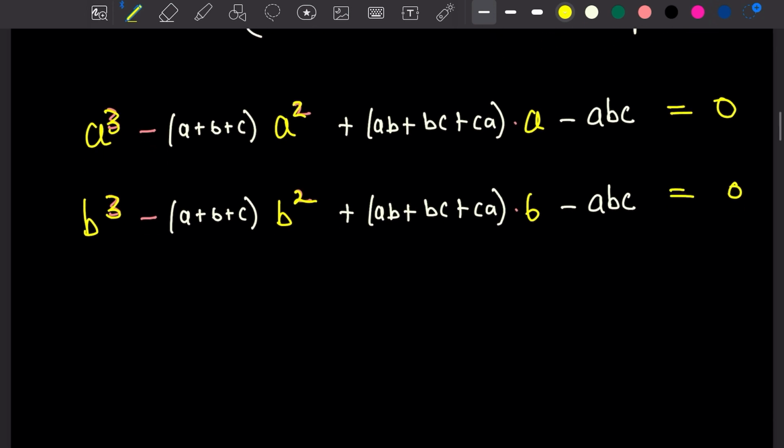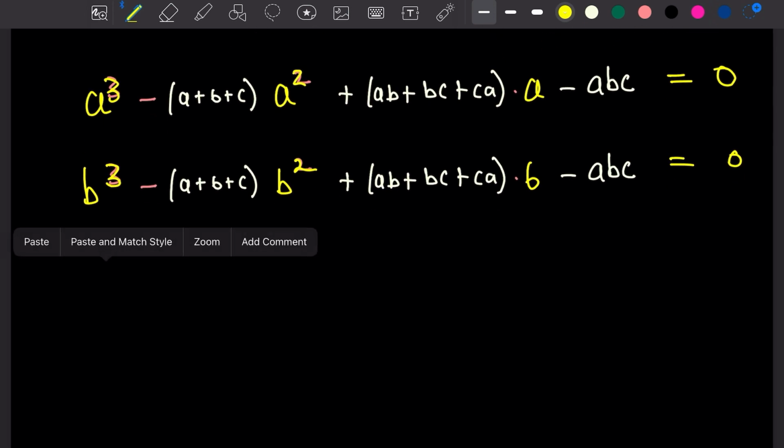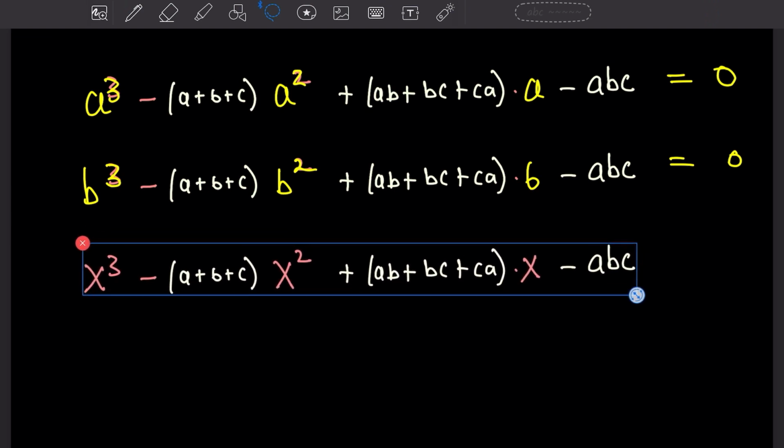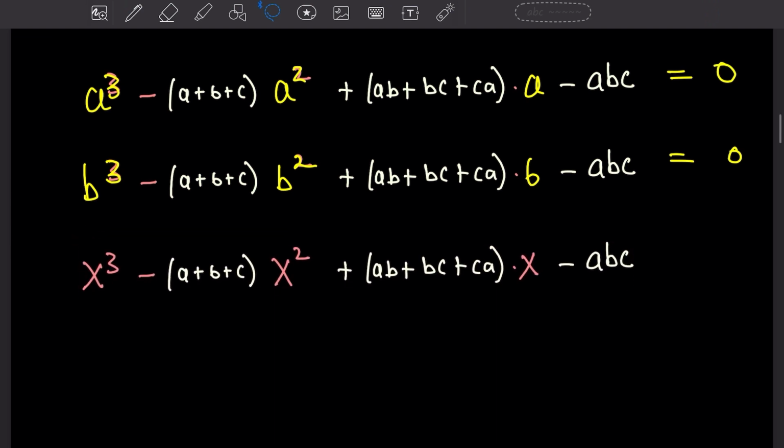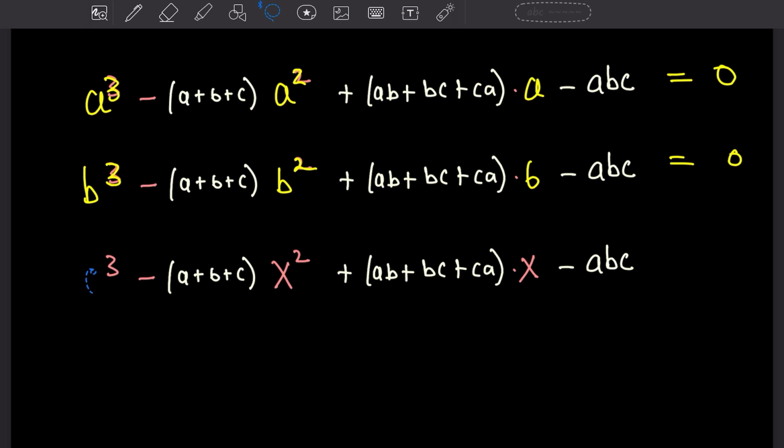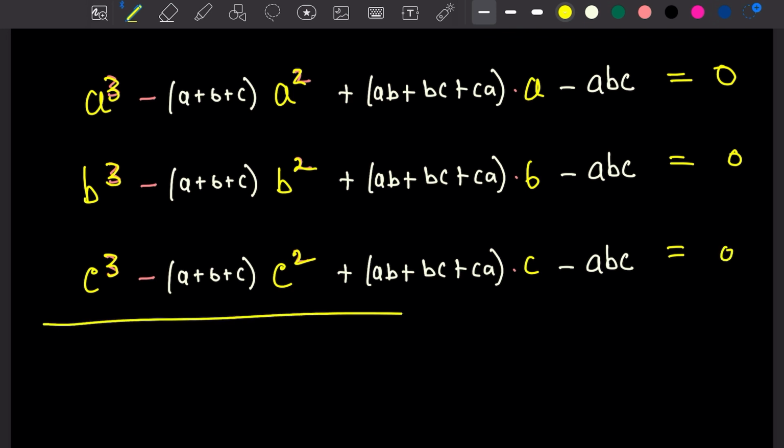Finally, I'll plug in c. So the trick is to write the polynomial in such a way that a, b, c are automatically the three roots. Now let's add all of these up.